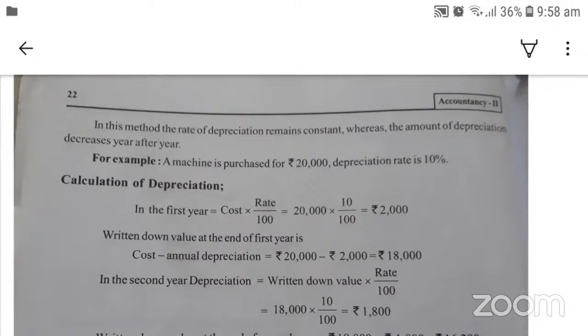Calculation of depreciation. In the first year, cost into rate by 100.